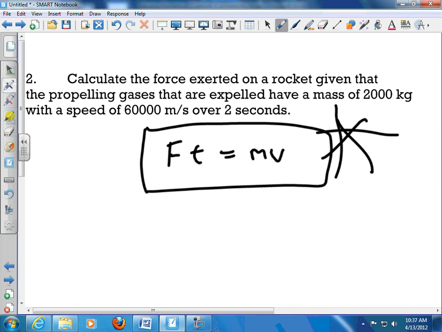So force times time equals mass times velocity. So force is what we're looking for. Our time is 2 seconds. Mass is 2,000. And our velocity is 60,000 meters per second.